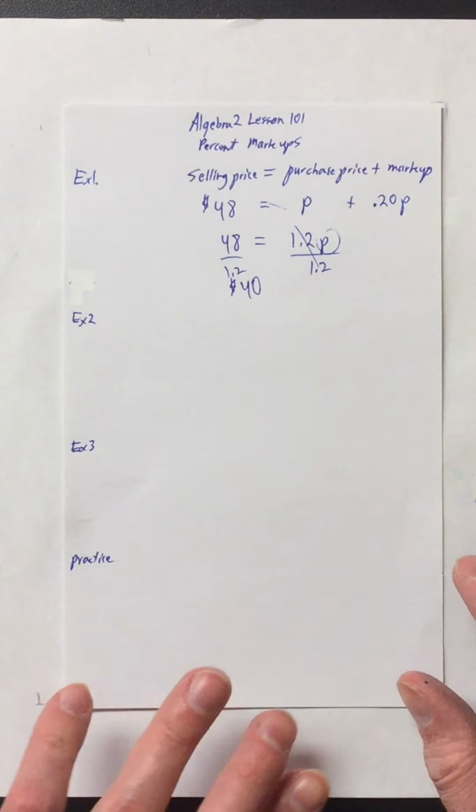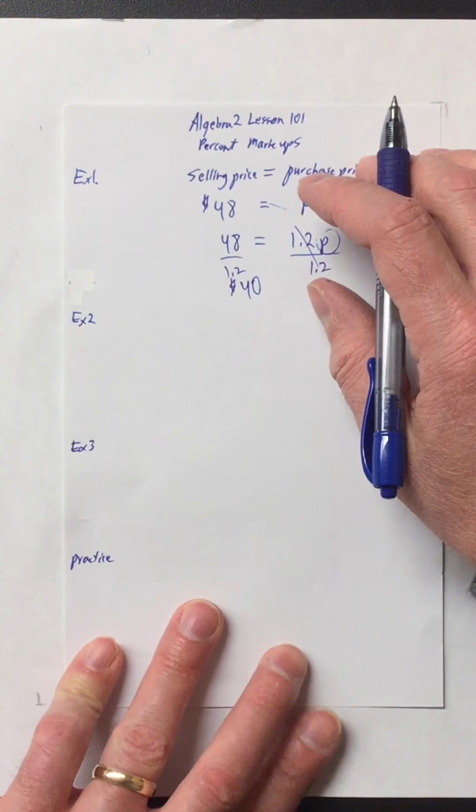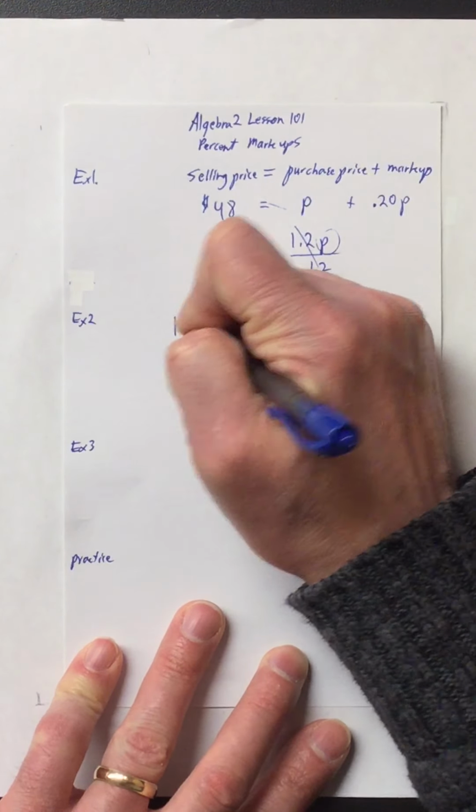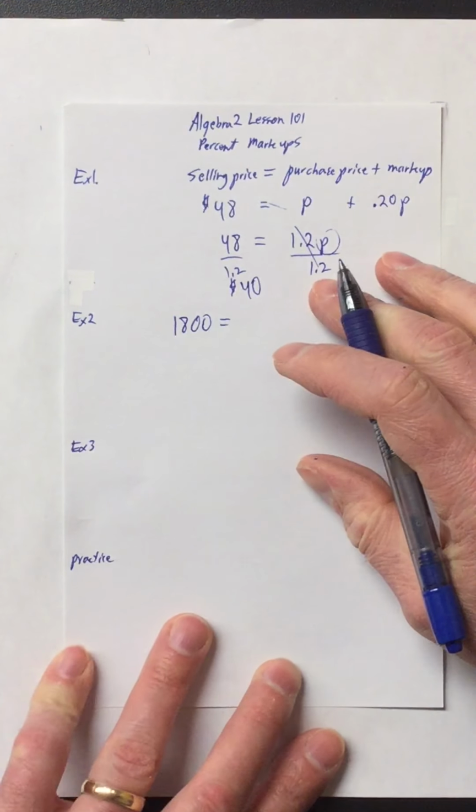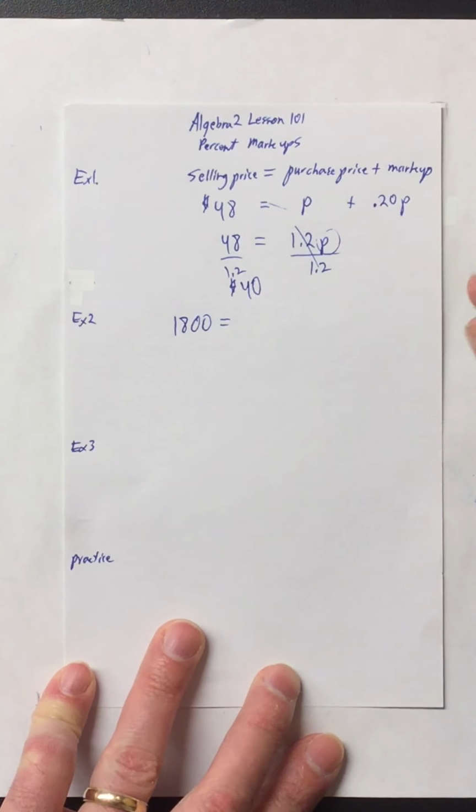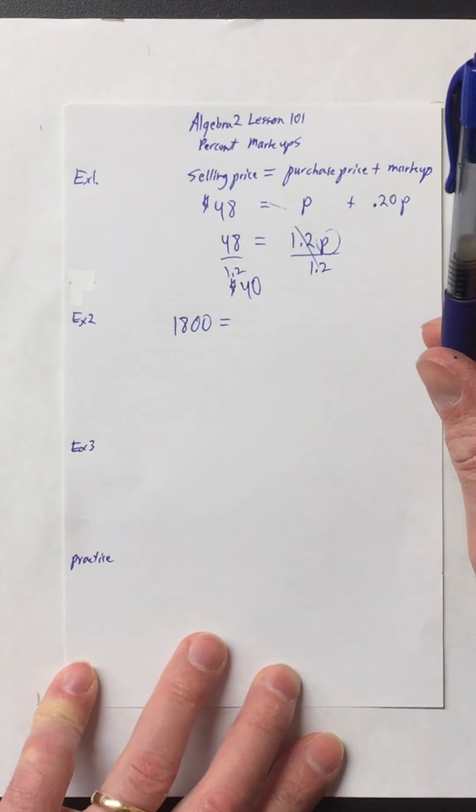All right, let's look at example 2. The purchase price of an item was $1,800. If the markup was 40% of the selling price, what was the selling price?